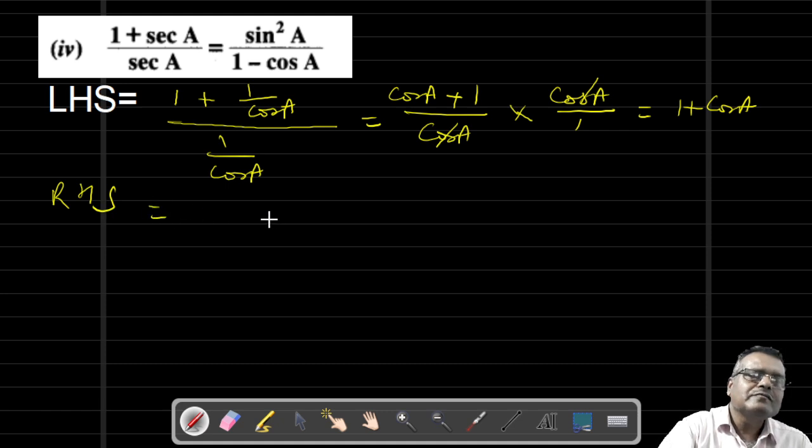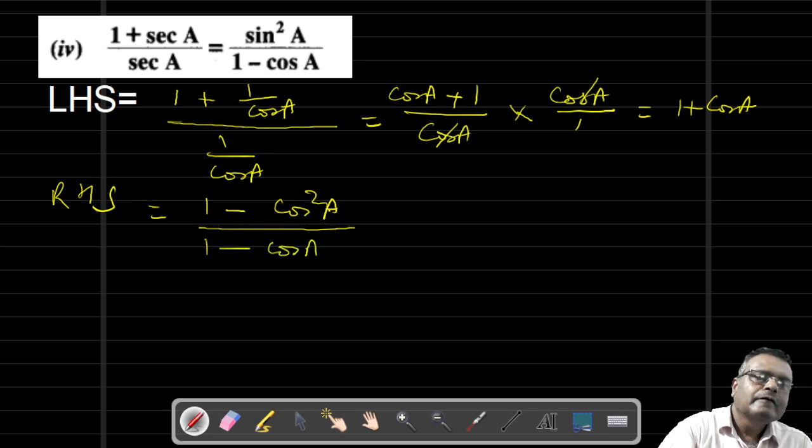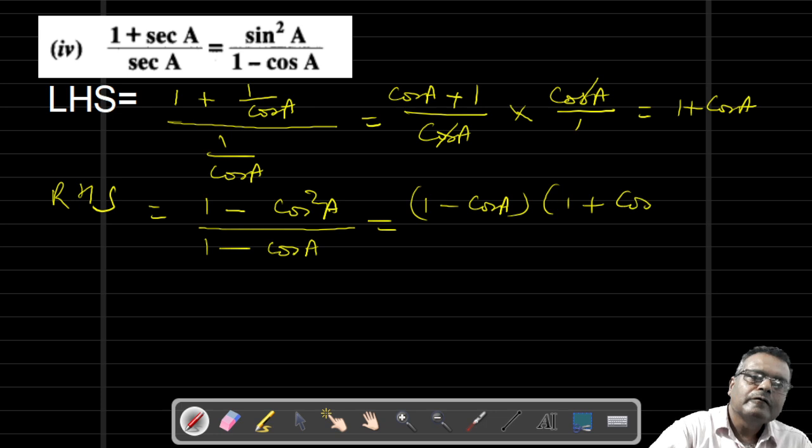See, RHS is sin square A divided by 1 minus cos A. Sin square A you can write 1 minus cos square A, and 1 minus cos square A you can write 1 minus cos A into 1 plus cos A, divided by 1 minus cos A. 1 minus cos A is cancelled.